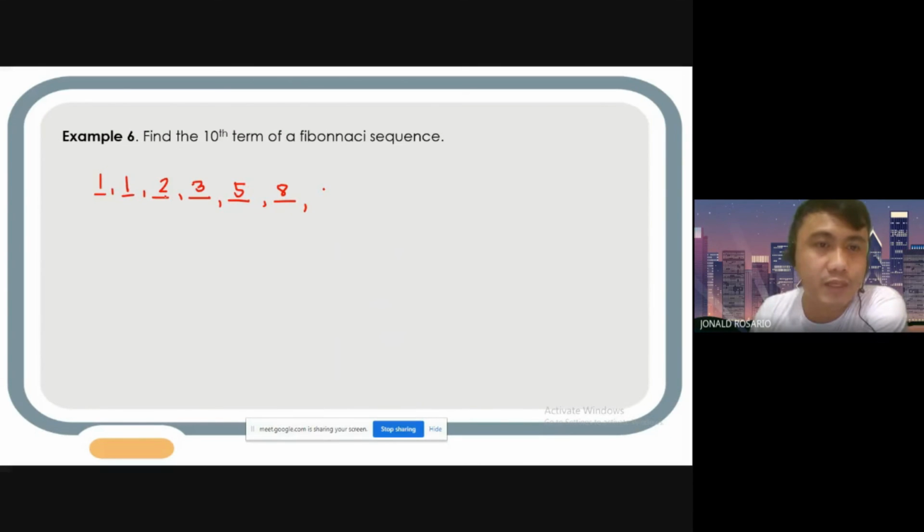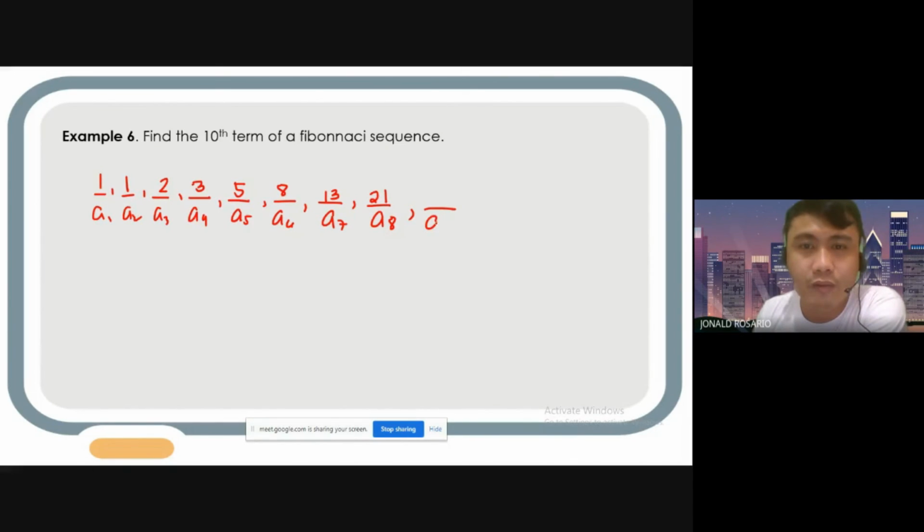Ulitin natin, 1 plus 1 is 2, 1 plus 2 is 3, 2 plus 3 is 5, 3 plus 5 is 8, 5 plus 8 is 13, 8 plus 13 is 21, and pang ilan pa to? 1, ito yung ating a sub 1, a sub 2, a sub 3, a sub 4, a sub 5, a sub 6, a sub 7, a sub 8.